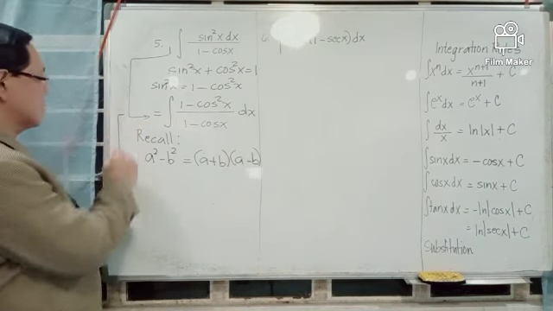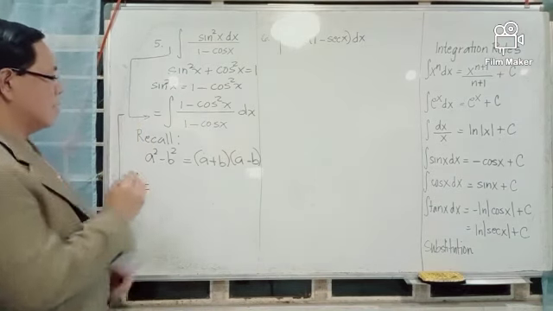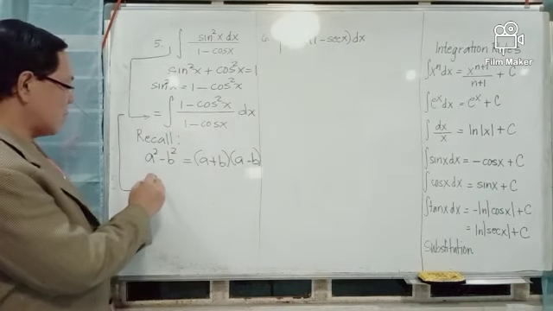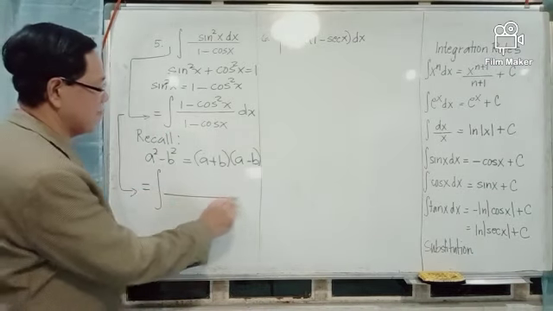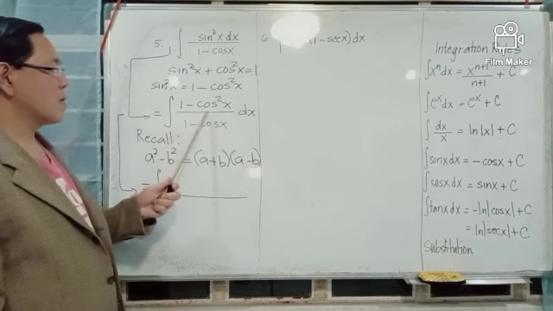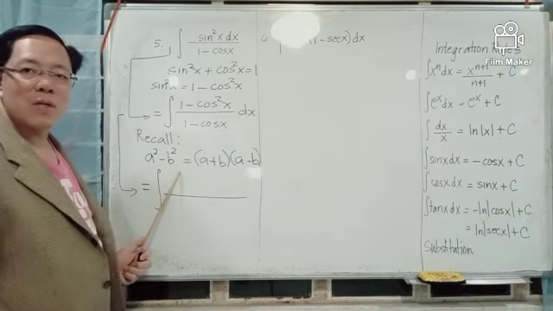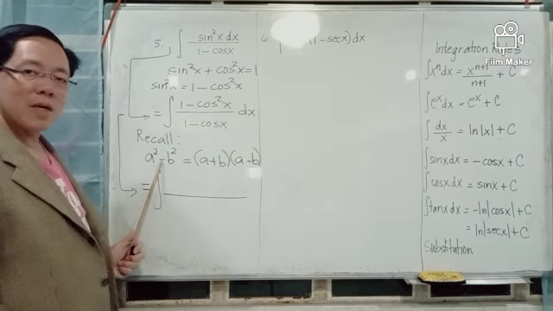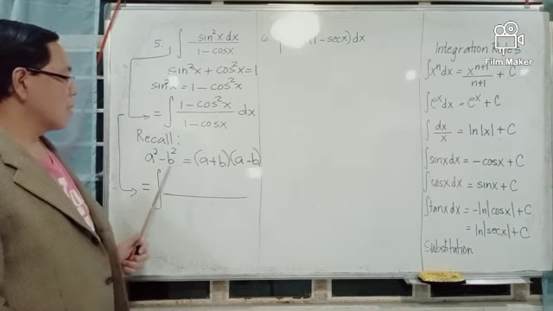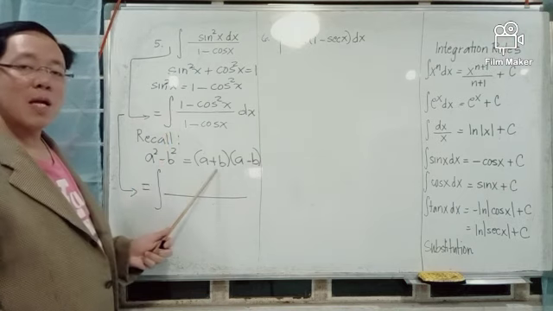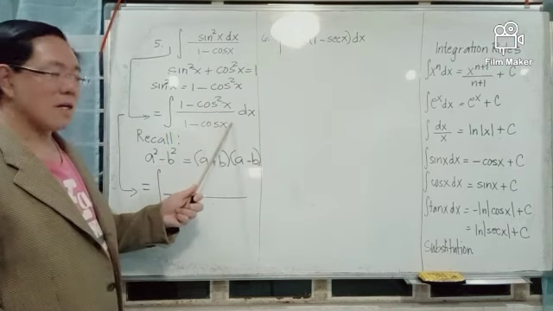Hence, this integral now is equal to the integral of 1 minus cosine squared x. We apply this factoring rule for the difference of two squares, where a is 1 and b is cosine x.